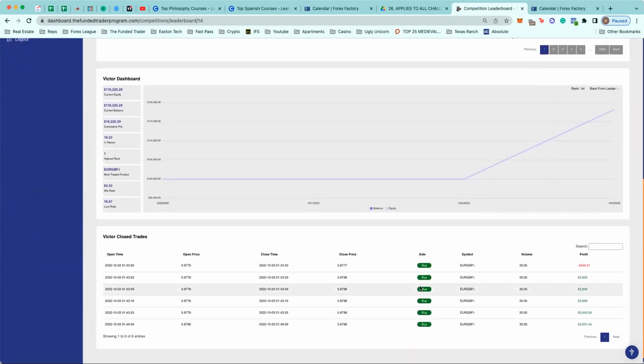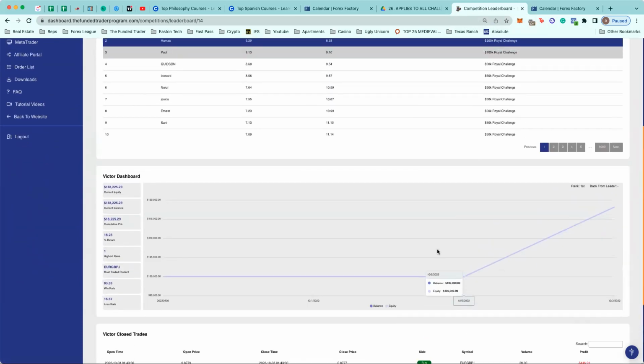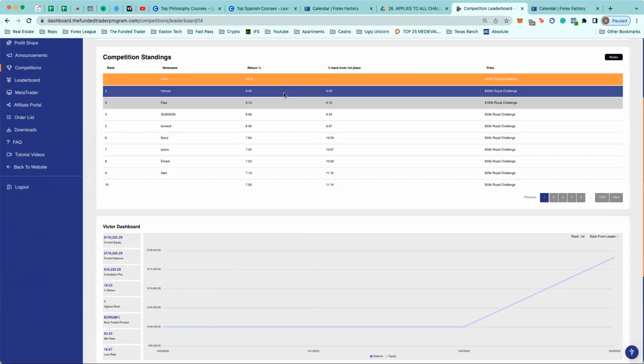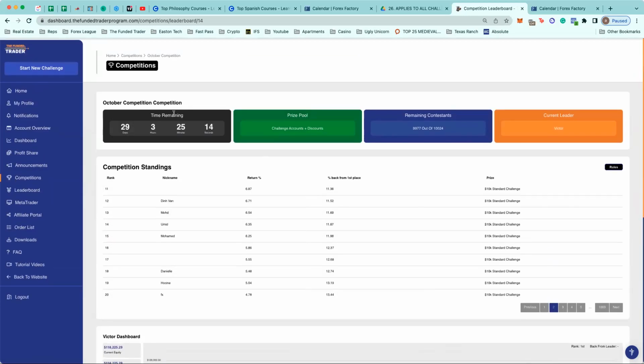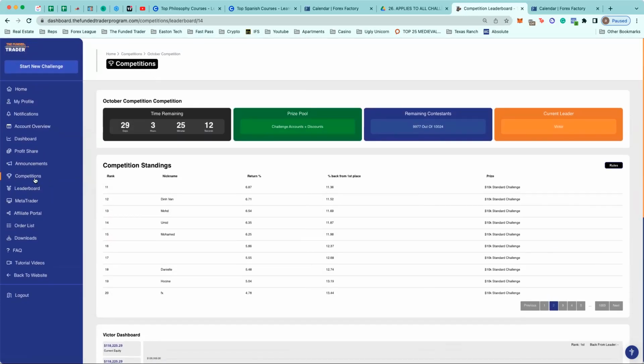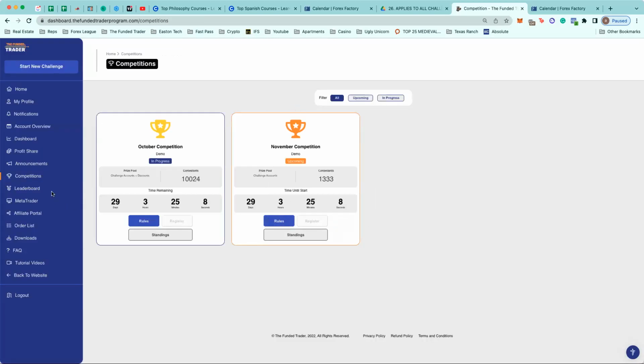Somebody did mention the lot size rule, so he's probably going to be removed. But if you haven't participated in the competition, I definitely recommend participating next month. If you want to participate, just come into the TFT leaderboard or Trade Hub, come into competitions, press register right here, and you'll be registered for the following month's competition.